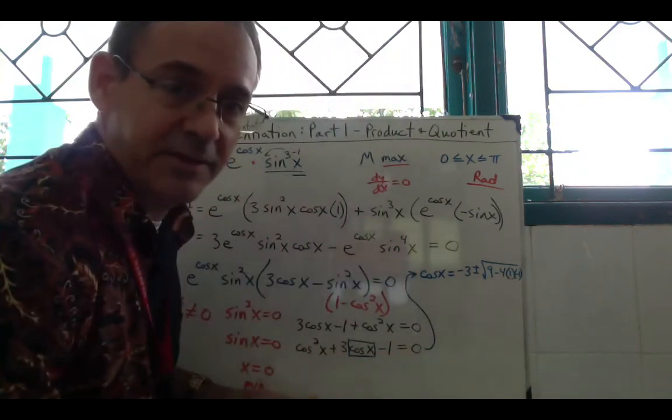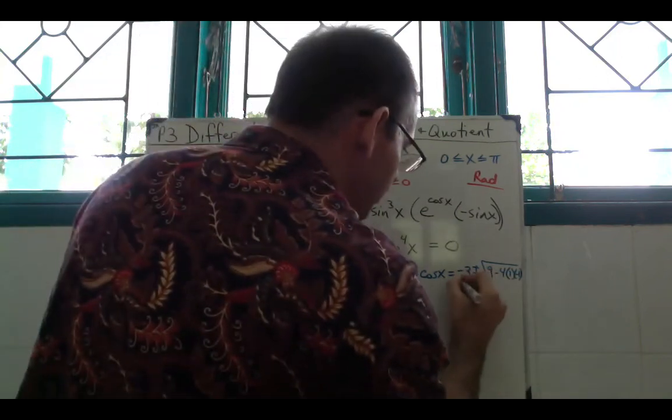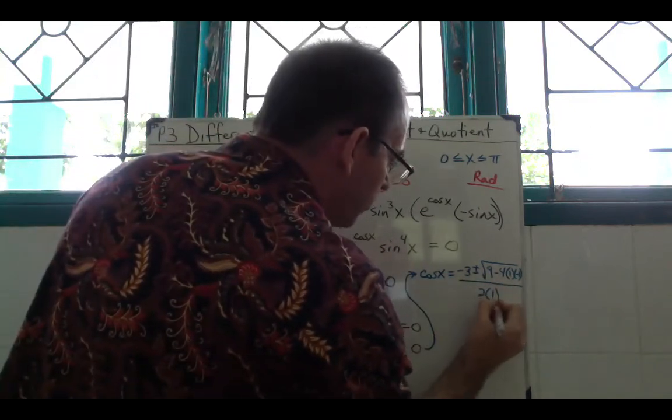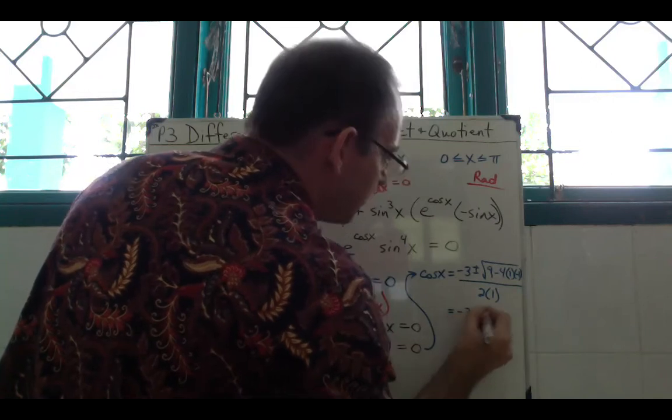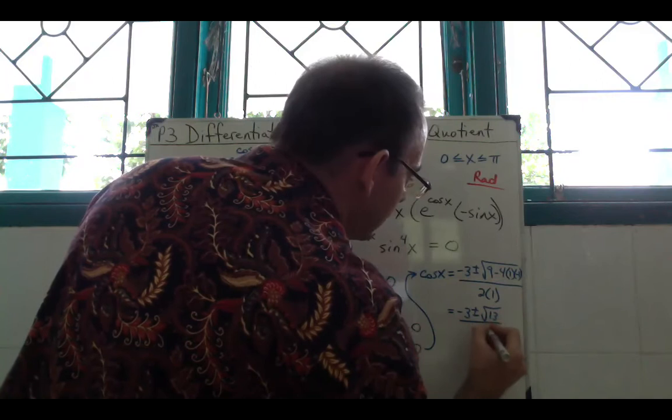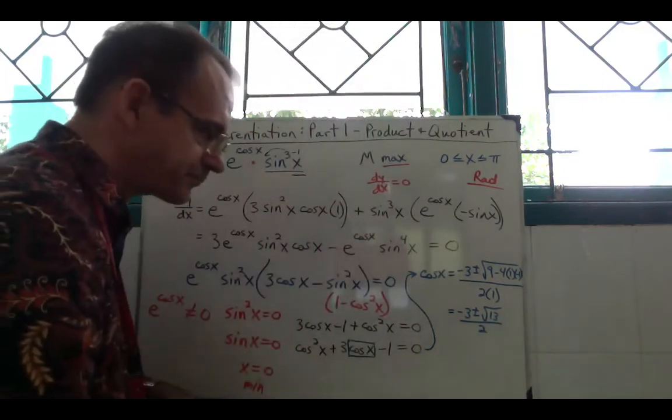Hopefully you can see that there. 1 times a negative 1 squished there into the end. And all over 2a, 2 times 1. So this is negative 3 plus or minus root 13 all over 2.